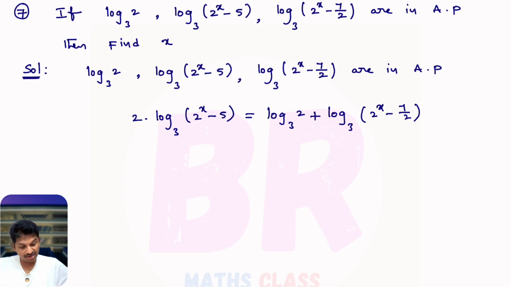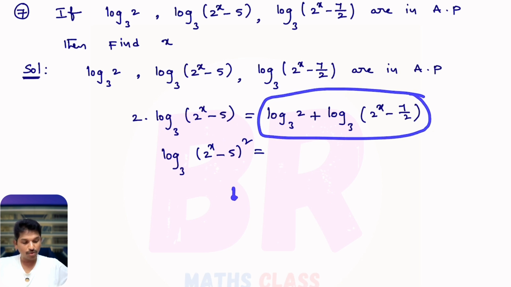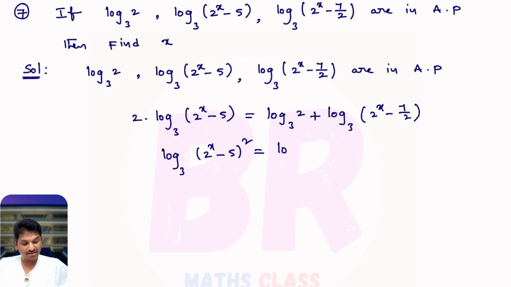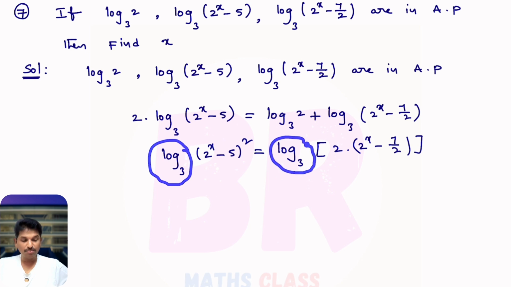So this can be written as logarithm of 2 power x minus 5 whole square base 3 equal to, you observe this side, this is of the form log m base a plus log n base a, that equals logarithm of mn base a, right? So this can be written as logarithm of 2 into 2 power x minus 7 by 2 base 3. Okay. Now you can observe here log base 3 is there, here also logarithm base 3 is there.